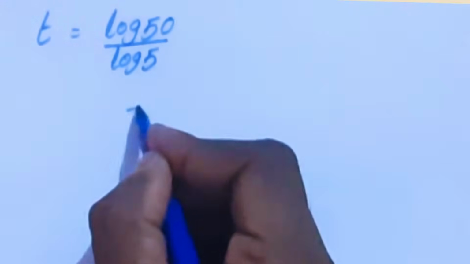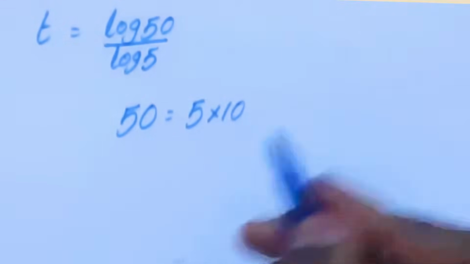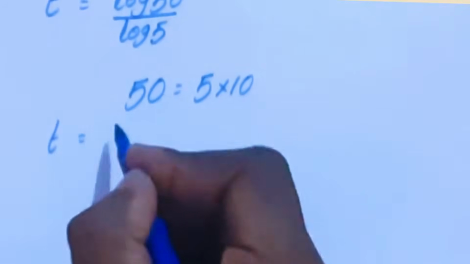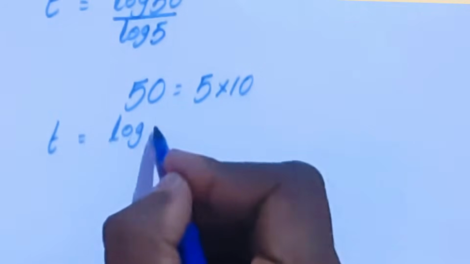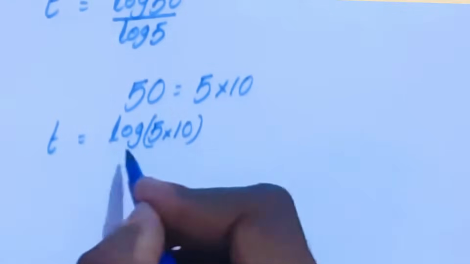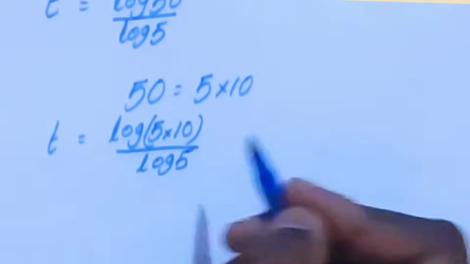Now this 50 can be written as 50 equal to 5 times of 10. So applying this here, we'll get t equal to log 5 times of 10 by log 5.